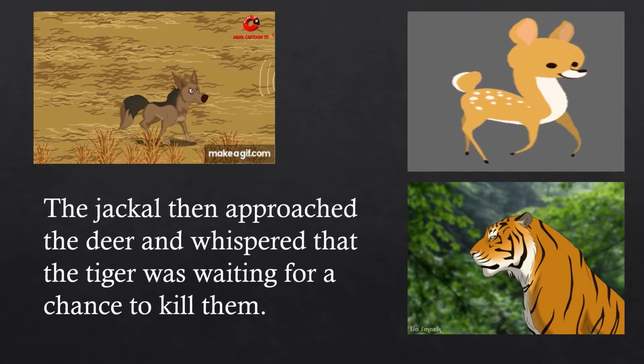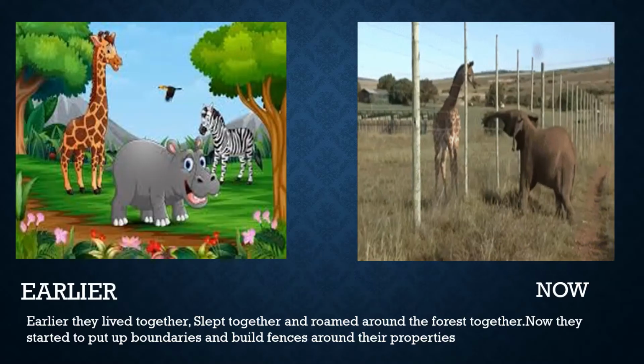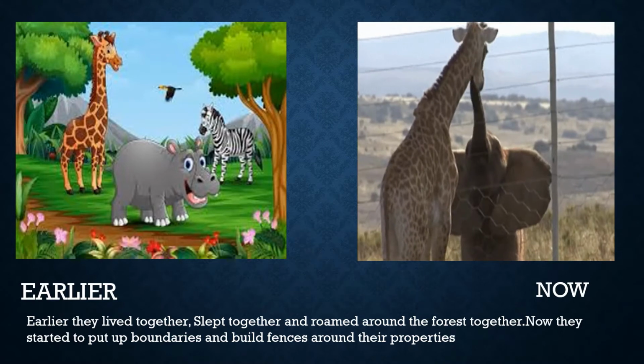Gradually, all the animals began suspecting one another. Slowly, they increased their doubt of other animals. They had fear. So, one by one, the animals started to suspect and to keep distance from the other animals. Earlier, they lived together, slept together, and roamed around the forest together.